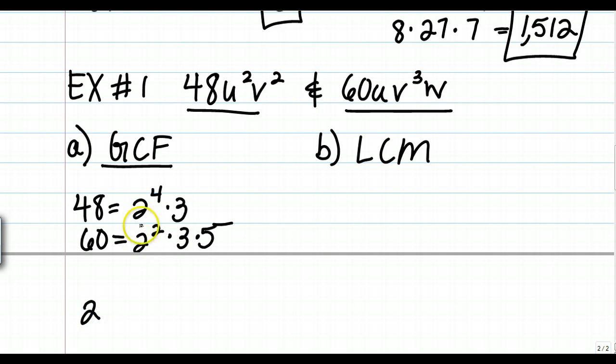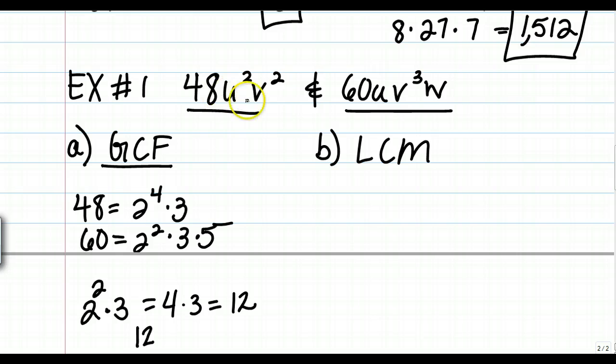So I have a 2, and I have a 3 in both of them. Then I know that I take the smallest power. So 2 squared is the smallest over 4, and the 3 is obviously the same, so it's 3 to the 1. So I'm going to have 4 times 3, which is 12. So I know that 12 is my GCF of 48 and 60.